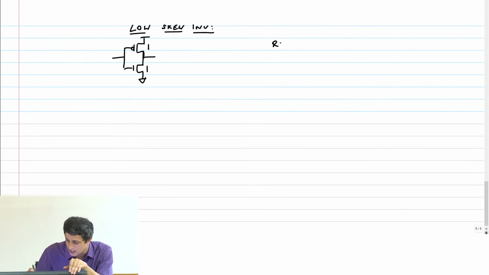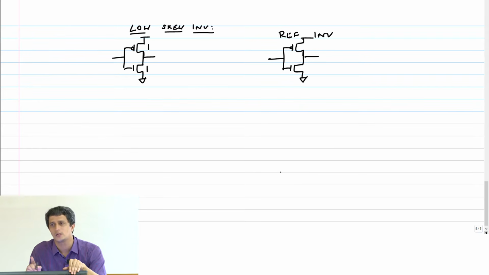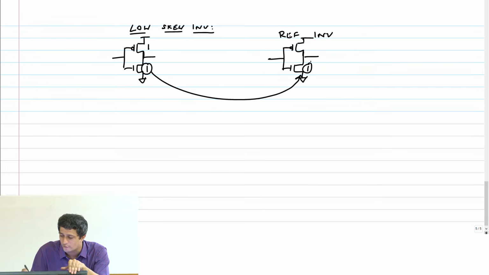We first constructed the reference inverter. And how did we construct that? Let's say I wanted to do it for pull-down. I needed to construct the reference inverter such that the NMOS transistor had the same drive strength. So I said you can put this here, and therefore this will give you 2. And then we calculated the logical effort. But this is equivalent to saying that the current to this transistor is actually I.